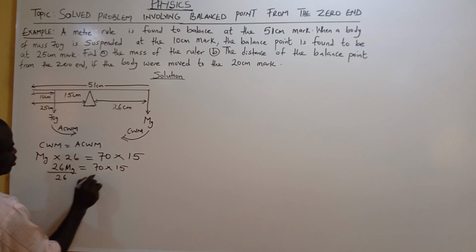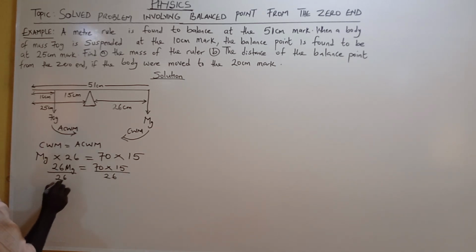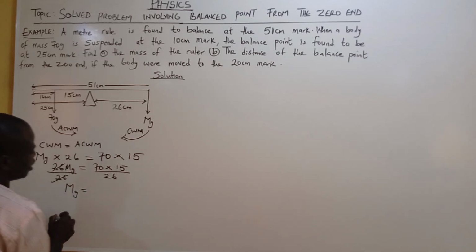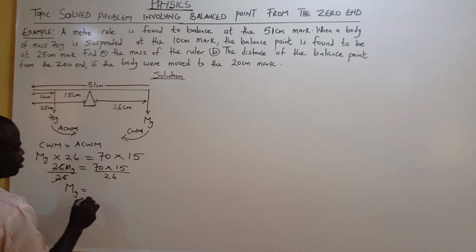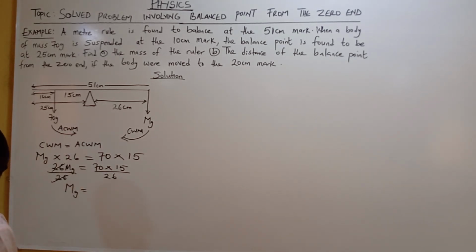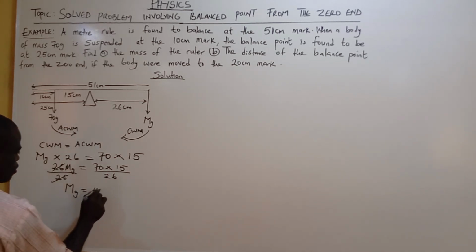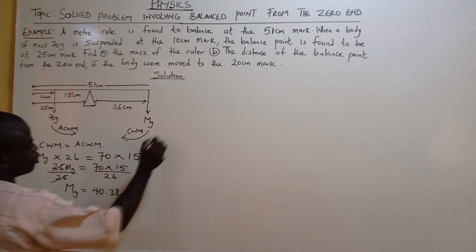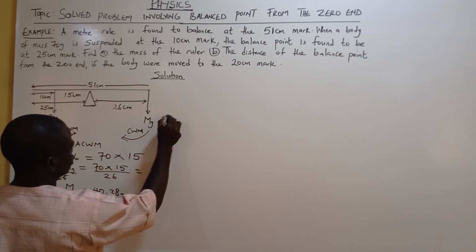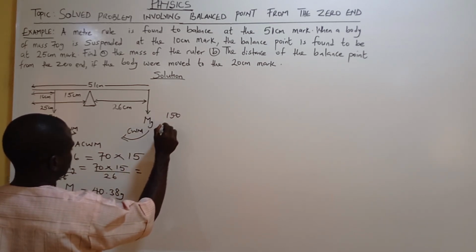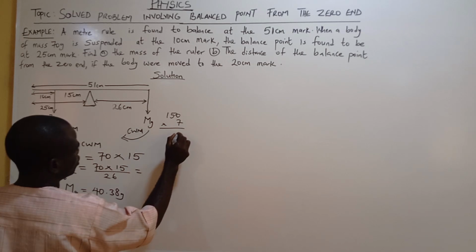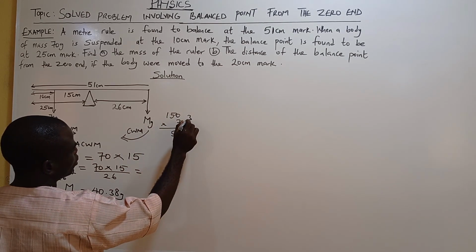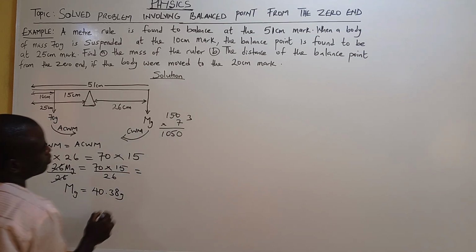Divide both sides by 26. 26 cancels 26, so mass in gram equals 70 times 15 divided by 26. When you multiply, 7 times 0, 0, 7 times 5, 35, carry 3, 7 times 1, 7, plus 3, 10.